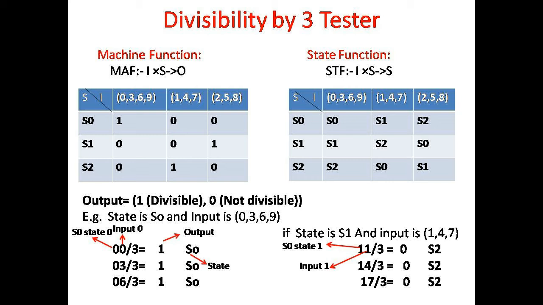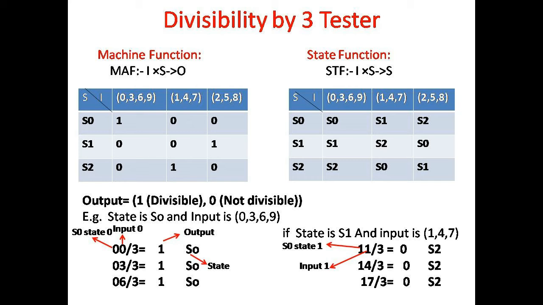The next input 1, 4, 7 is the 1 remainder input, and the next input 2, 5, 8 is the 2 remainder input. And the states are the 0 remainder state S0, the 1 remainder state S1, and the 2 remainder state S2.